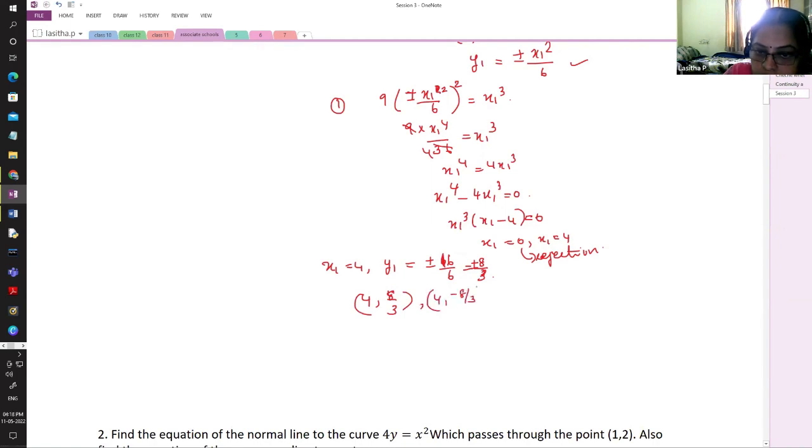This was given as an objective question in the miscellaneous exercise. But in the board, they asked what is the equation of the normal. There only the confusion is because the slope we have 2 values, plus or minus 1, and the points also we have. So if we do this with 4, 8 by 3 with the plus 1, and 4, 8 by 3 with the minus 1, altogether we will get 4 equations, of which only 2 are valid answers.